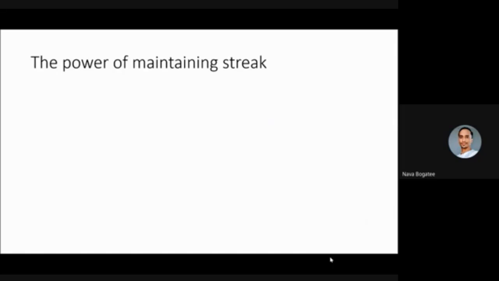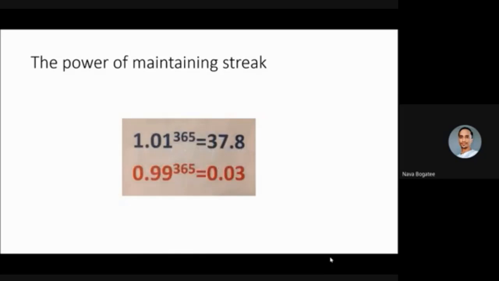Yeah, this is a random slide I just put here. The power of maintaining a streak. Okay, now look here. What happens if you give just 0.01 hour per day for 365 days? You get 37.8 hours.